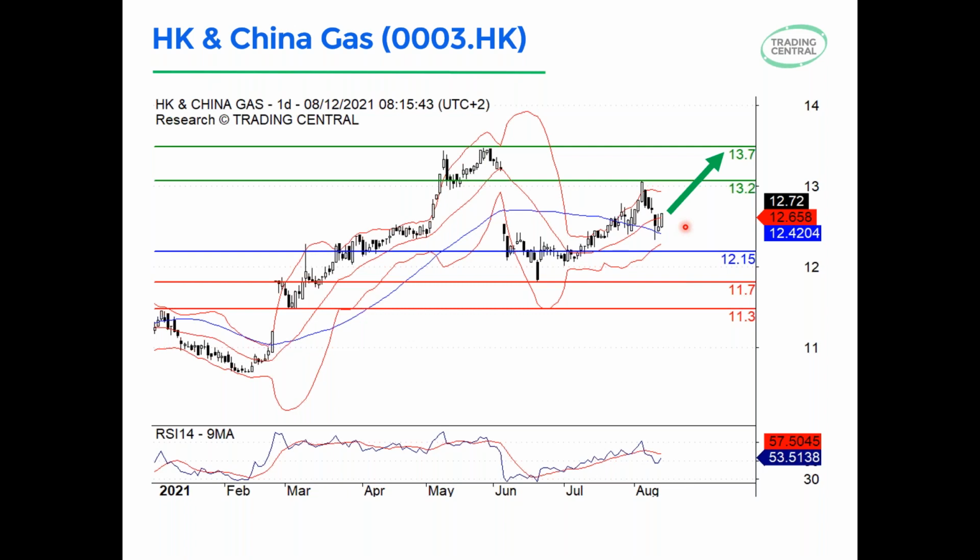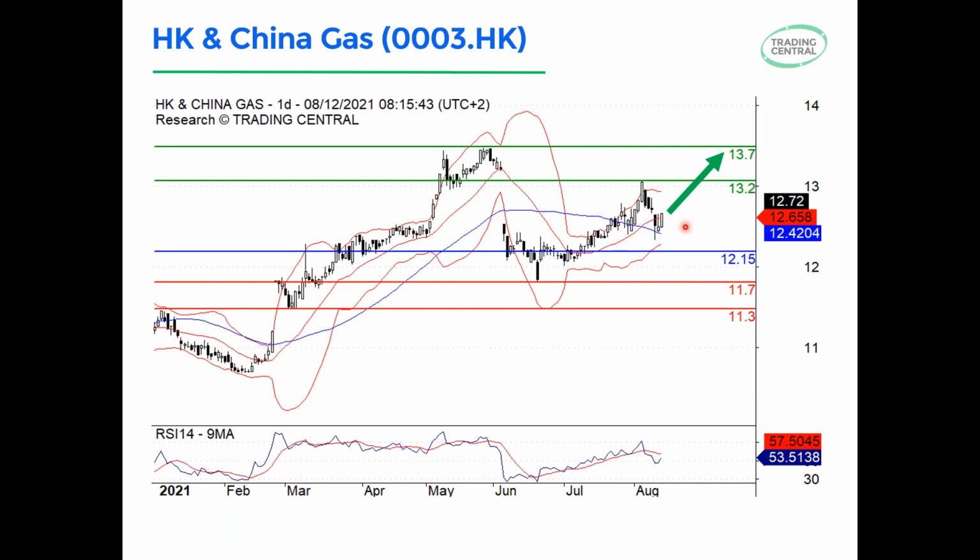In fact, under this market uncertainty all around us, this utility, just like the ENN Energy I discussed a minute before, these utilities provide downside support and are not very volatile, and for a defensive play, you can consider it. Okay, so these are some Chinese stocks listed in Hong Kong that I found out to have better technical configuration.